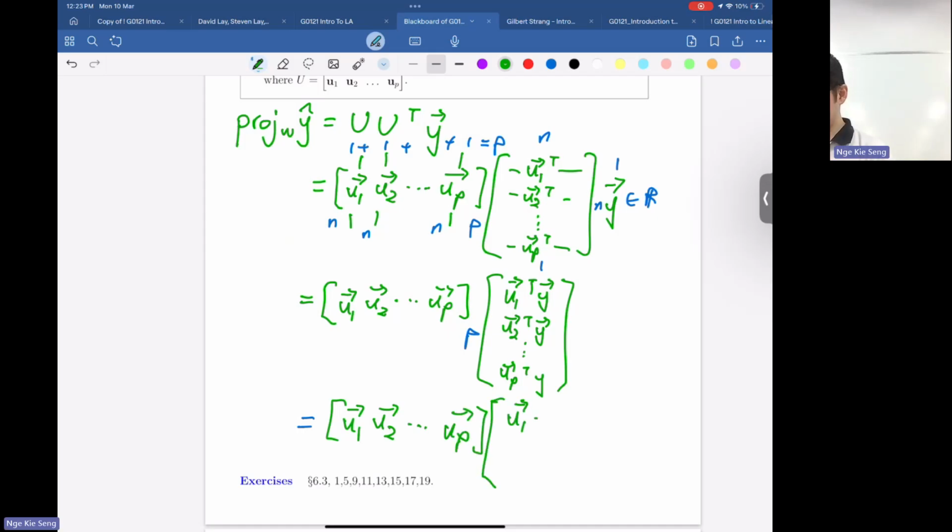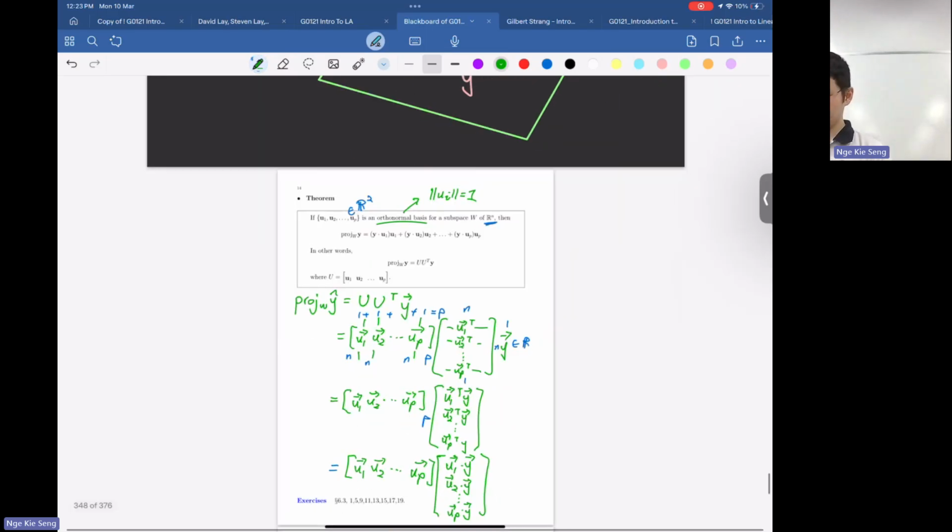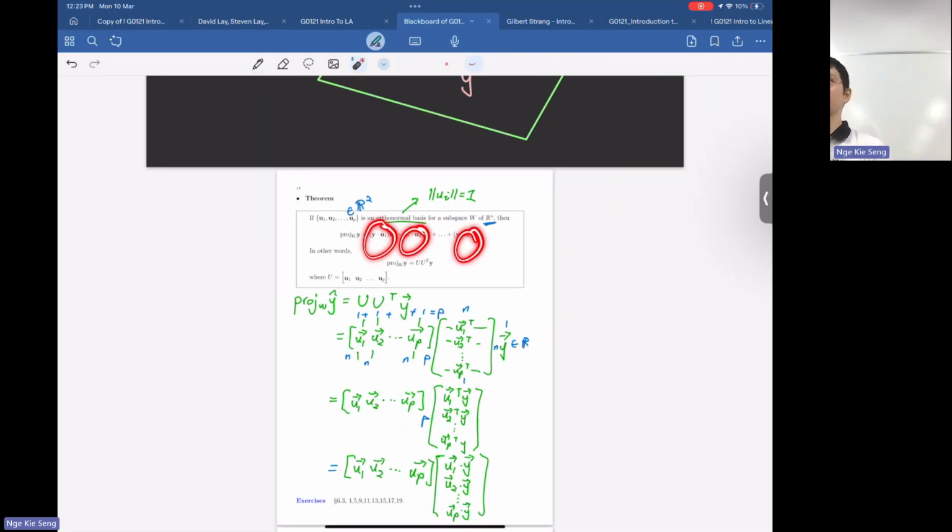Do you think these inner products look very familiar? Familiar or not? It's dotting with all the Ui. What's this? This is the scalar that we had, right? Yes, this is a scalar we had.